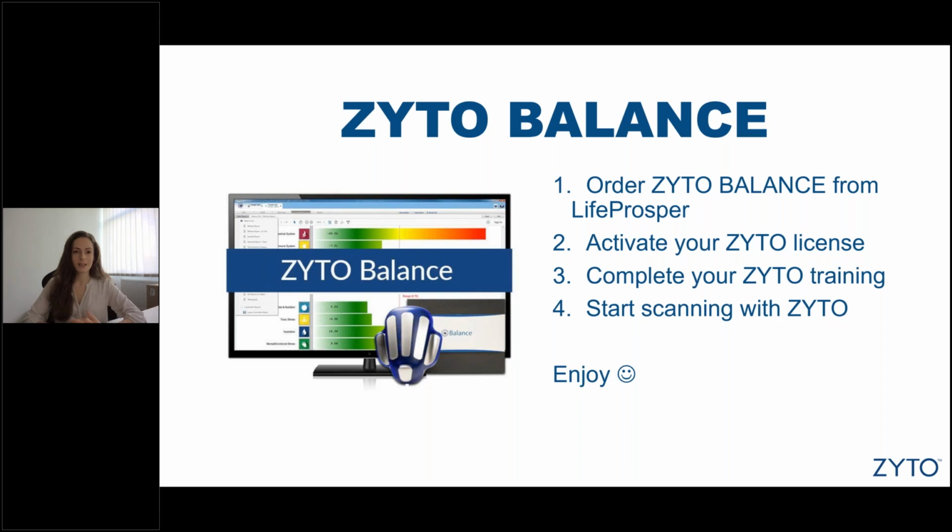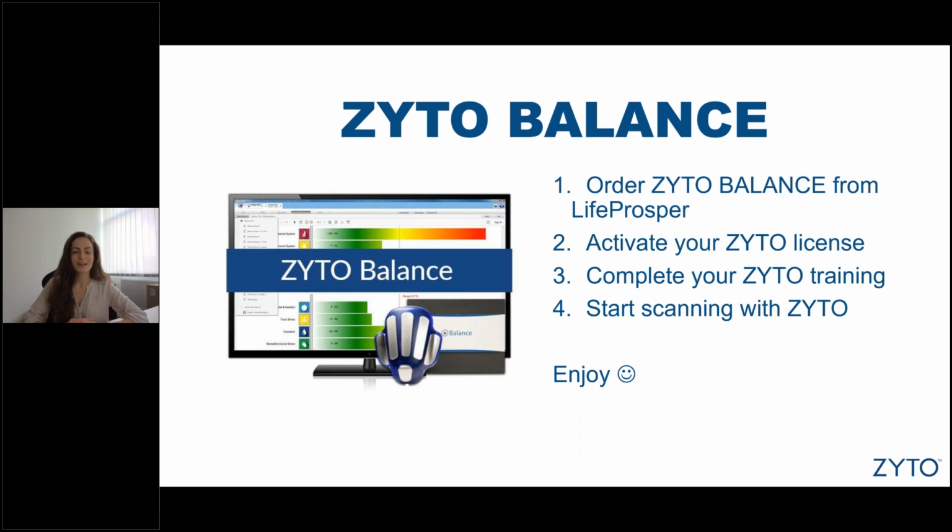Zyto is a technology that provides biocommunication, so a communication between your body and the computer, and it is super helpful to have a Zyto scanner available when you have a consultation with your client, because you can scan your client, you can tell them what Lifeprosper product their body needs, and also you can tell them a lot about the responses of their body parts, of their organs, of their emotions, and a lot more.